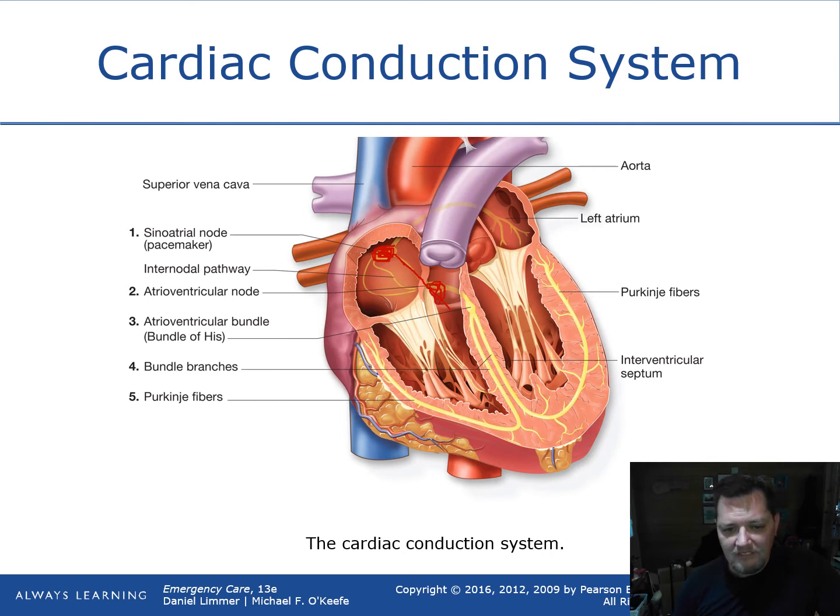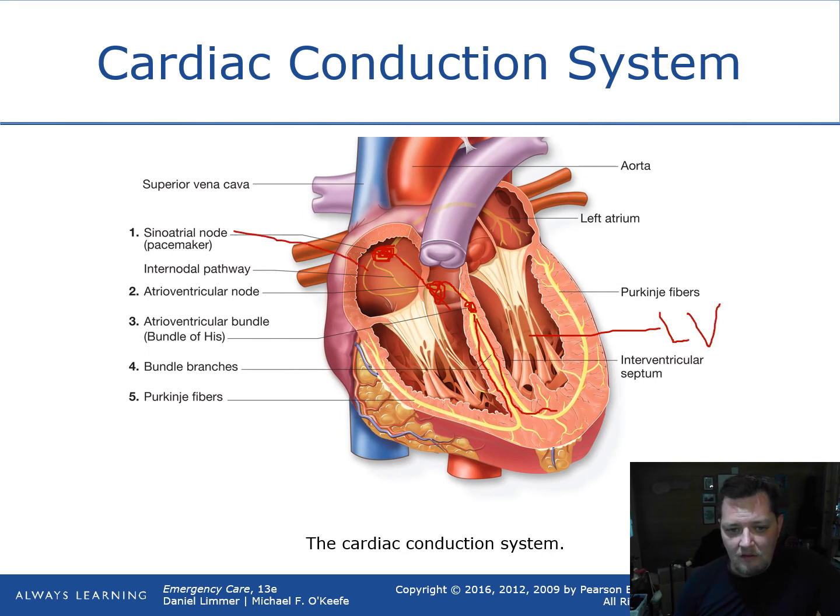Okay? It then goes into the AV bundle, or the bundle of His, right here. And then from here, it splits off into the bundle branches. Okay, so right bundle branch, left bundle branch. Remember, this is our left ventricle.